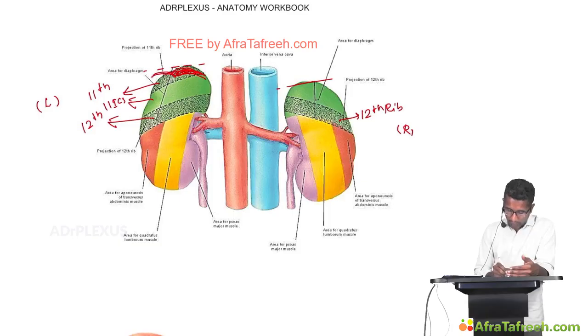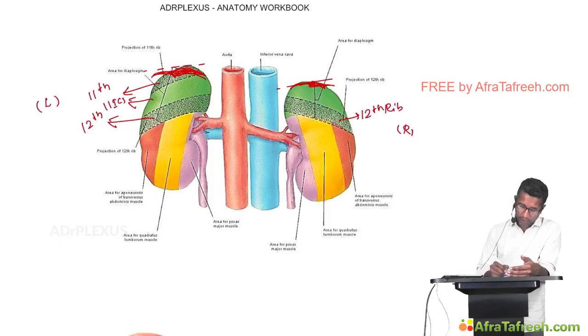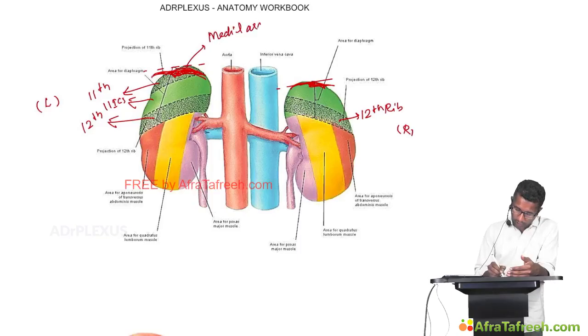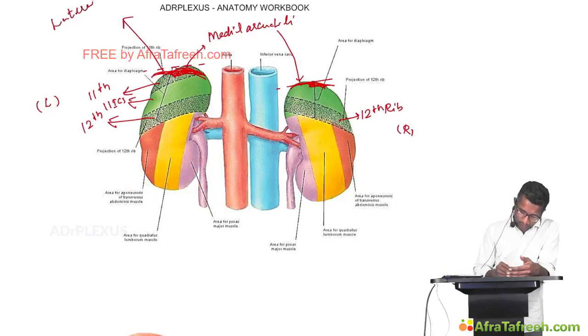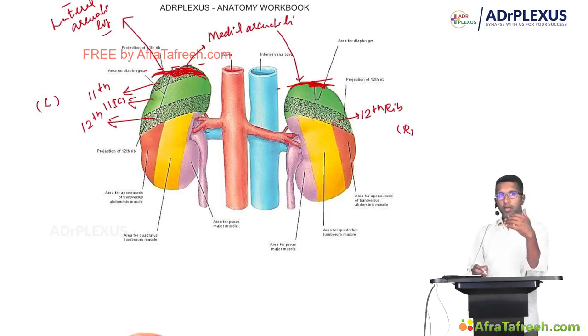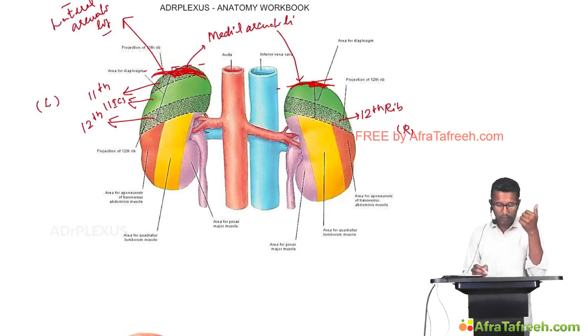These are the medial arcuate ligament and the lateral arcuate ligament, which are related to the kidney posteriorly.